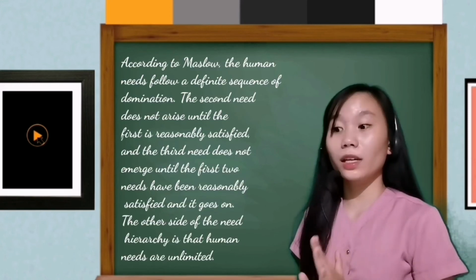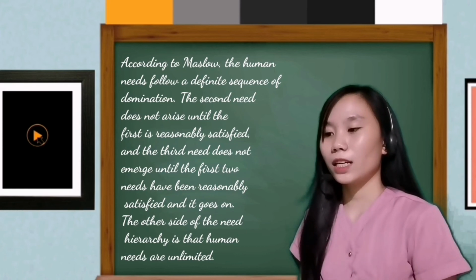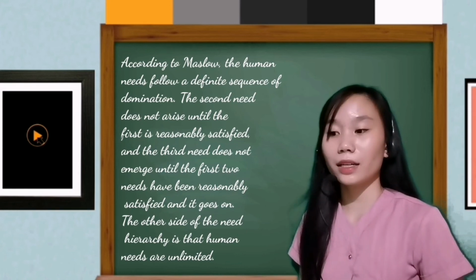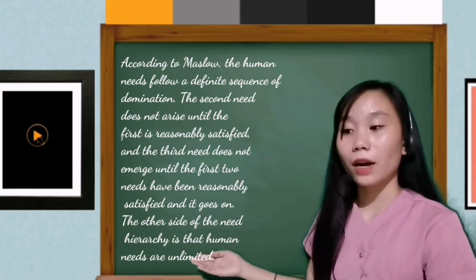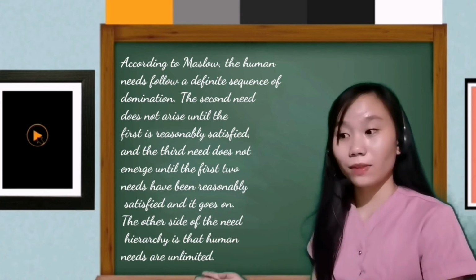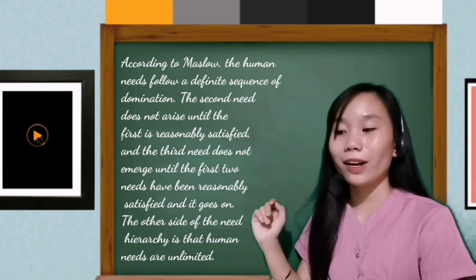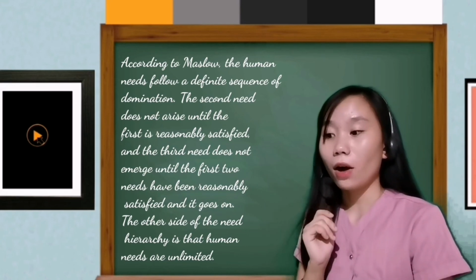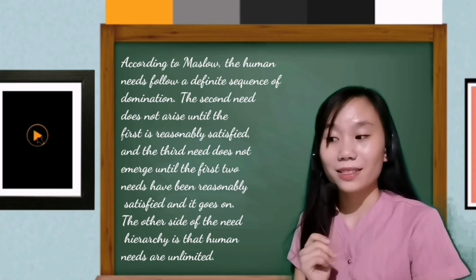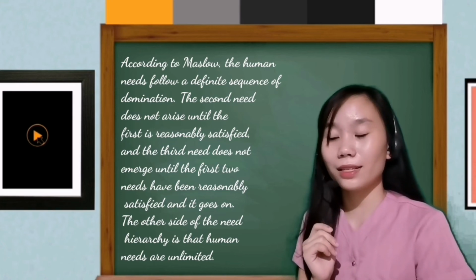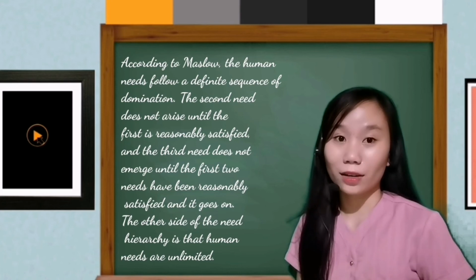According to Maslow, human needs follow a definite sequence of domination. The second need does not arise until the first is reasonably satisfied, and it goes on. The other side of the need hierarchy is that human needs are unlimited. However, Maslow's need hierarchy theory is not without its detractors.